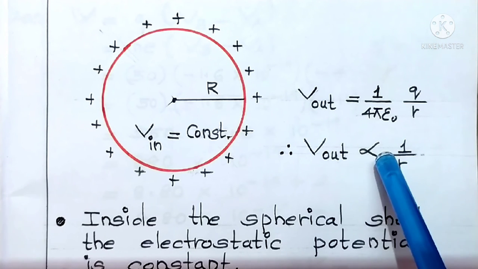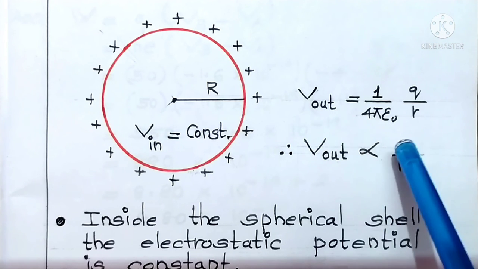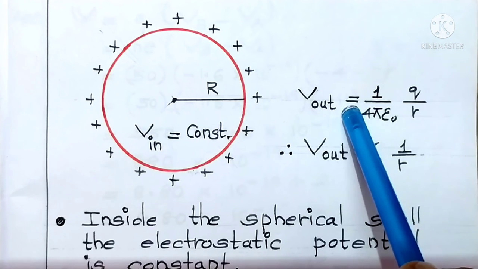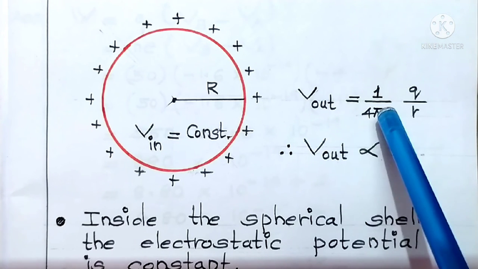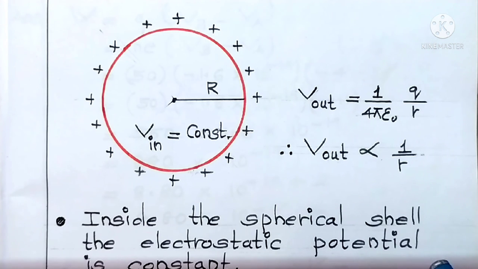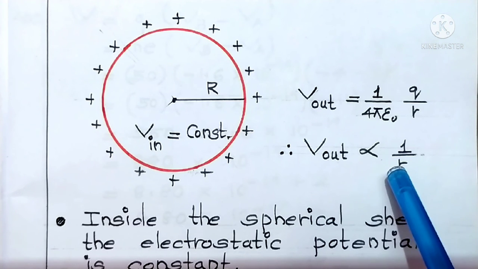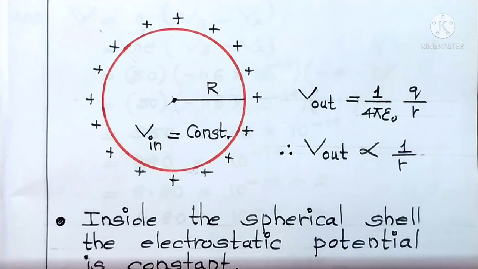In their place, we need to write the proportionality symbol. This is the rule in physics. So the equation is written as V out is proportional to 1 by R.